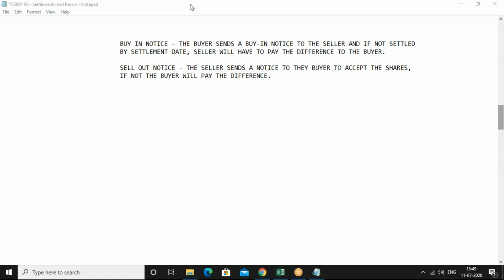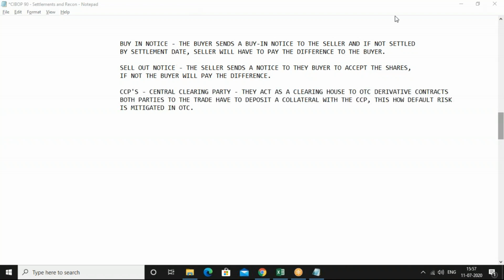Is this clear with everyone? So a CCP is basically a clearinghouse for OTC transactions, and both parties have to deposit collateral.